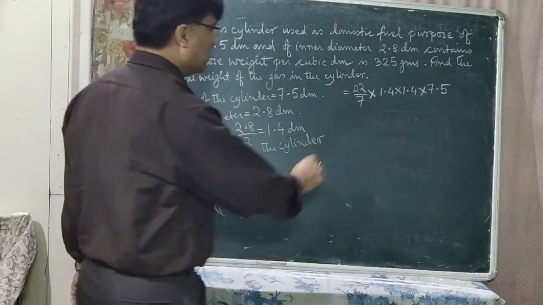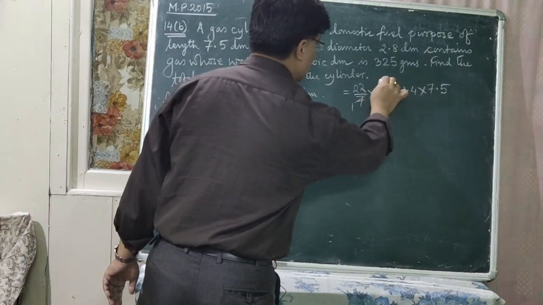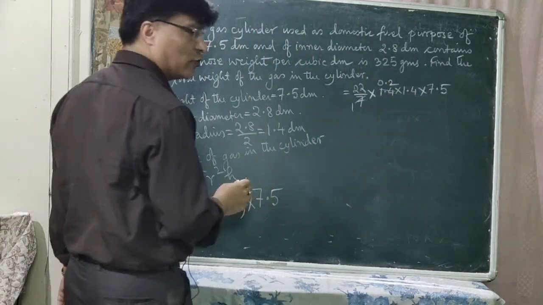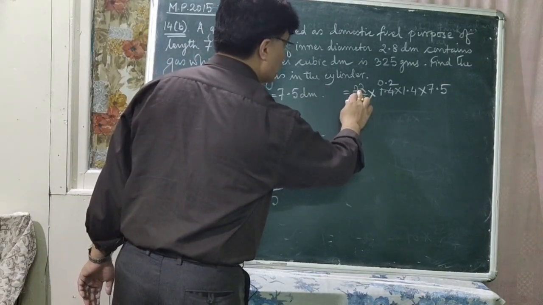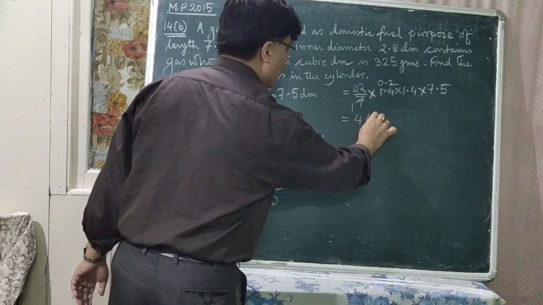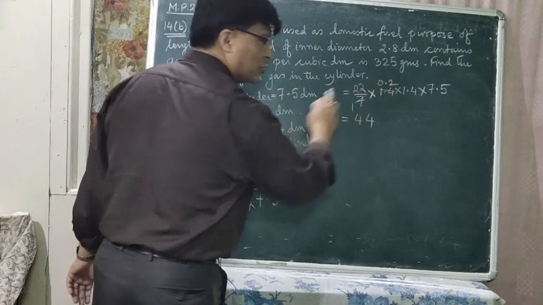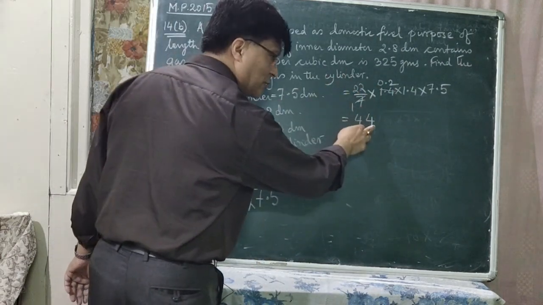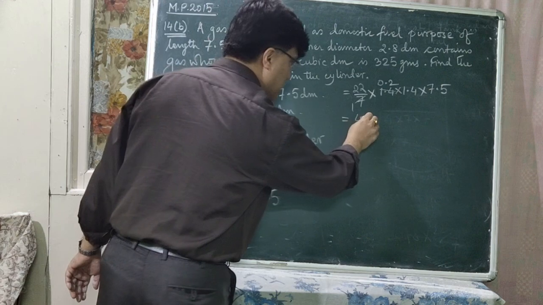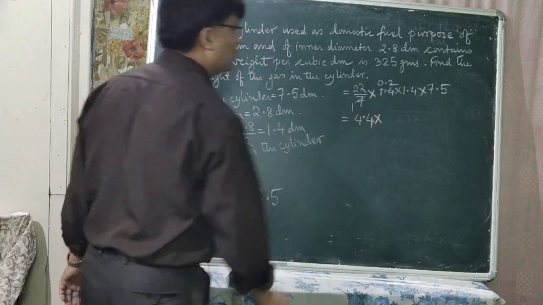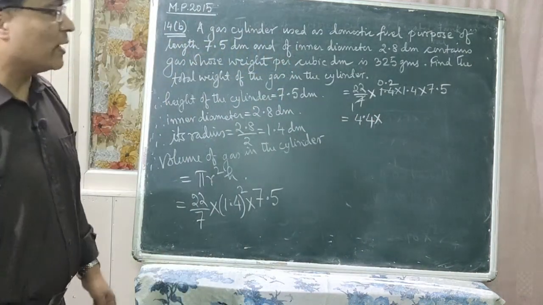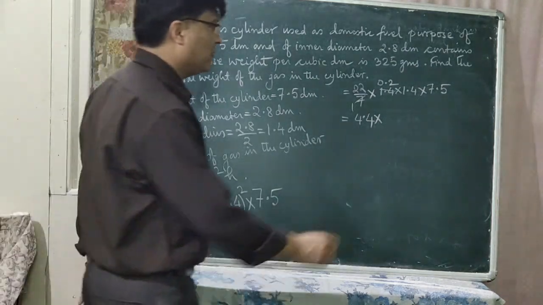So you can cancel here. 7 ones are 7, 7 twos are 14. So let us multiply them. 22 twos are 44. After decimal point there is one figure, so you have to write down decimal point before one figure from the last. That is 4.4 into. So now let us multiply 1.4 into 7.5.